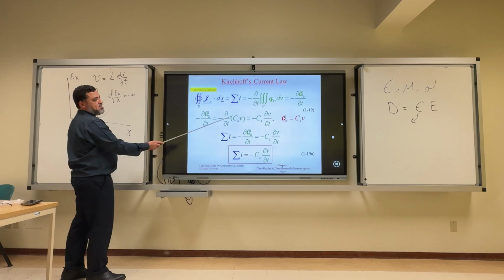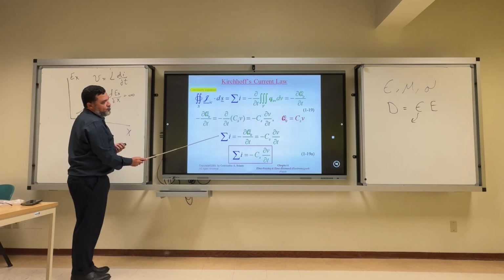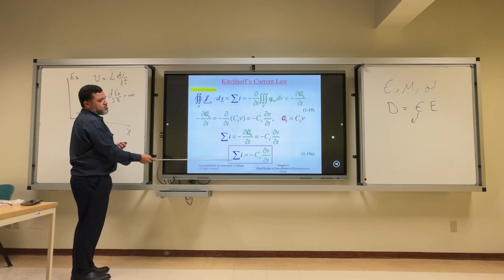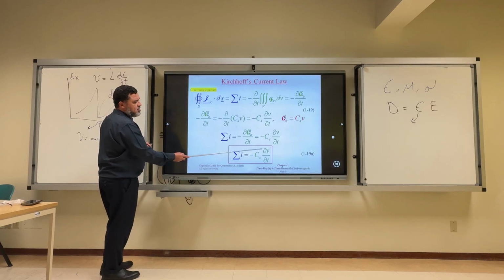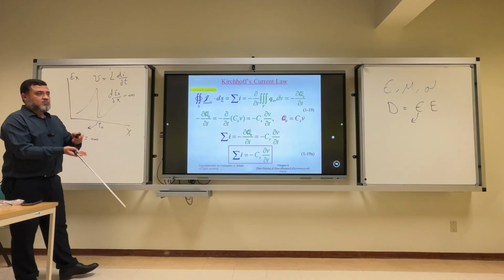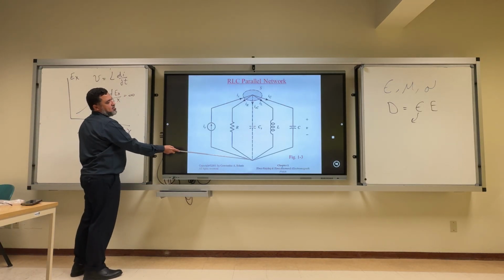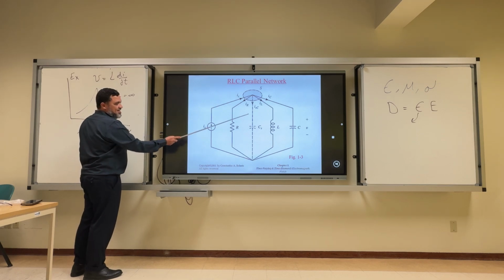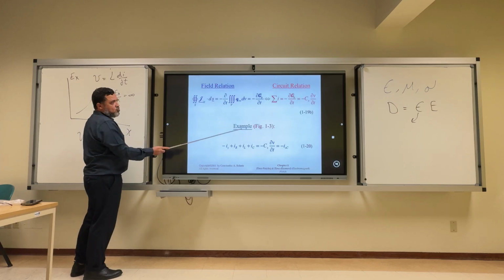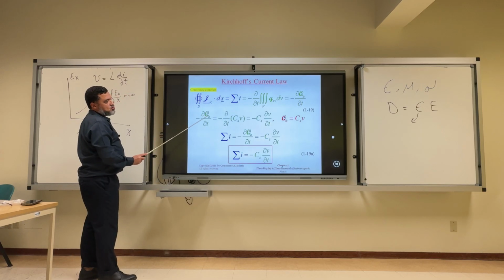So Q here will be C times V, as we know, and we are going to find that the summation of the currents at this very small volume equals negative C_s partial V partial t. C_s here is the capacitance between two conductors. It's a stray capacitance as well. It's there because of the frequency effect. If you have two conductors, you must have some capacitance in between, which is C_s here. C_s has been used in this relation to replace the charge in this volume.